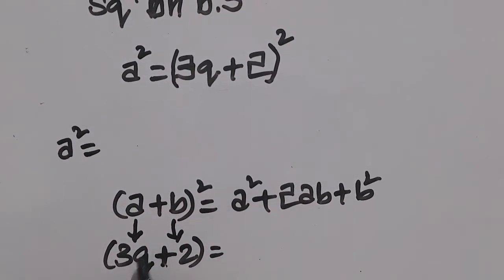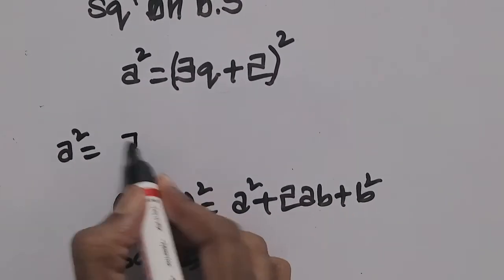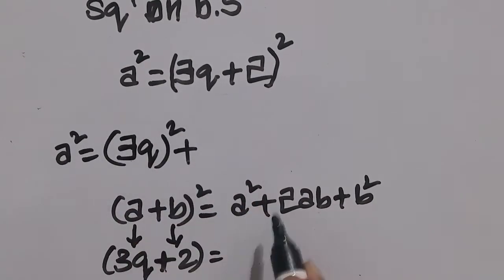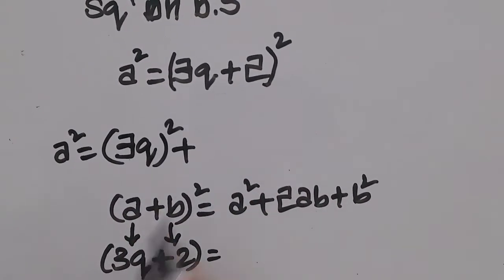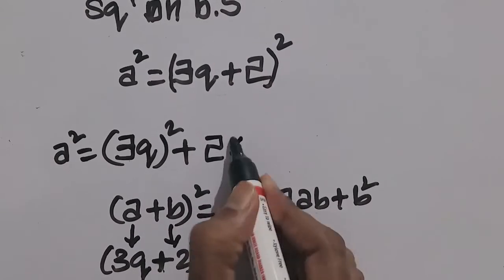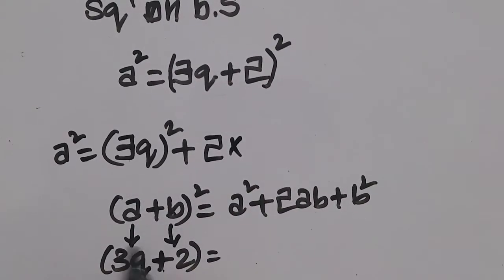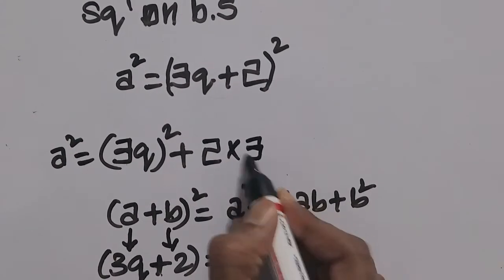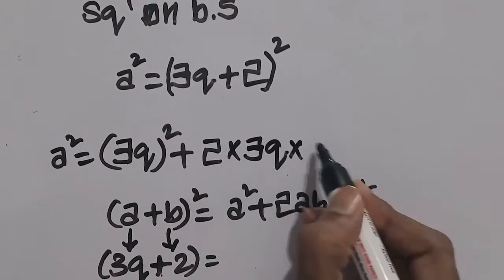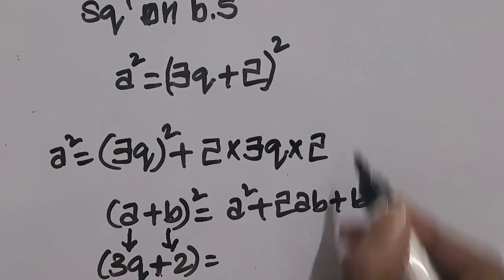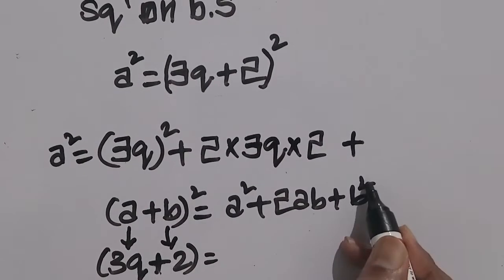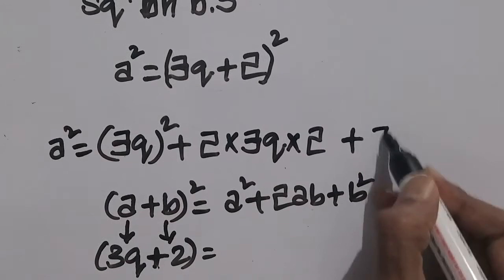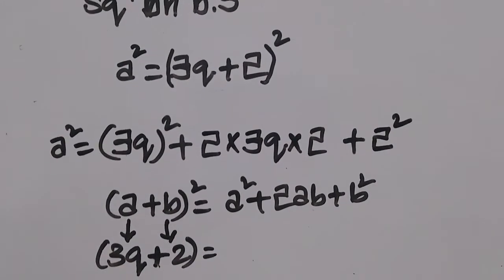A square means 3q whole square, plus 2ab: 2 into ab, where a means 3q and b means 2, so 3q into 2, plus b square, b means 2, so 2 square.